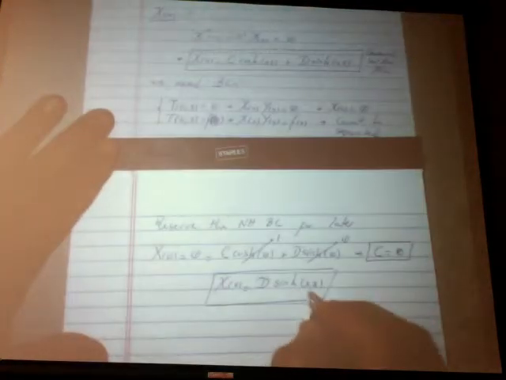So the only thing that we're left with is that X of x is equal to d times the sine hyperbolic of lambda x. Now we also know already that lambda is an eigenvalue, and lambda has an index associated with it. So lambda can take multiple values.